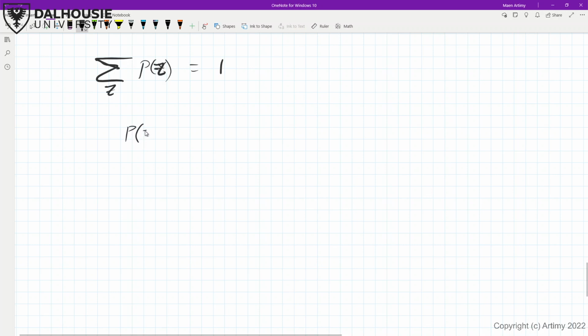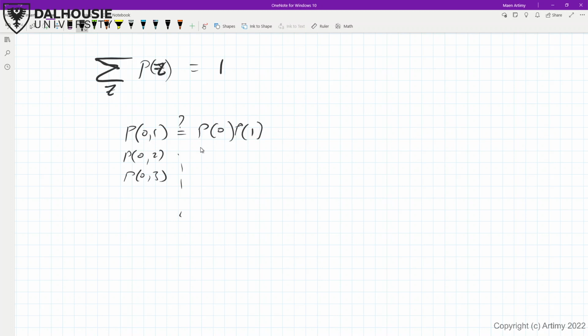I have to test whether P(0,1) is equal to P0 multiplied by P1, and I have to do also 2, 3, and so on. To prove dependence, I only need to find one case where they're not equal.